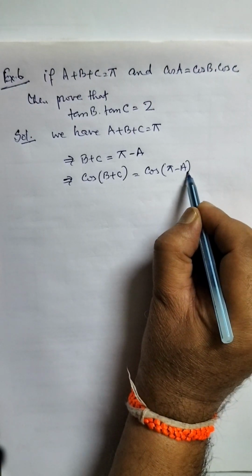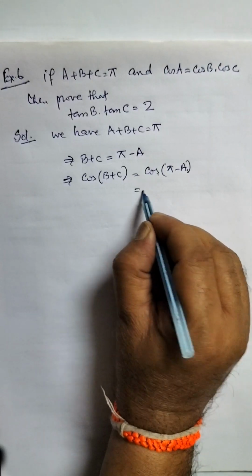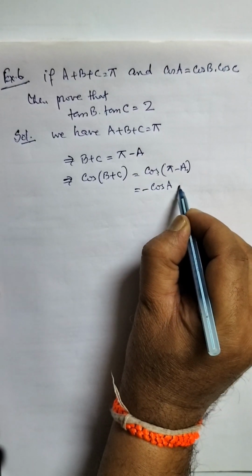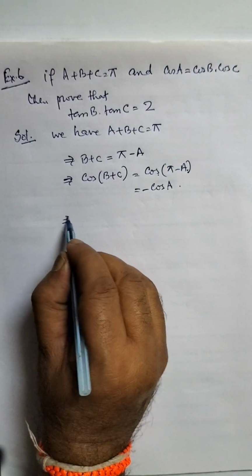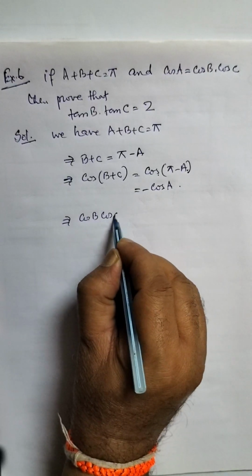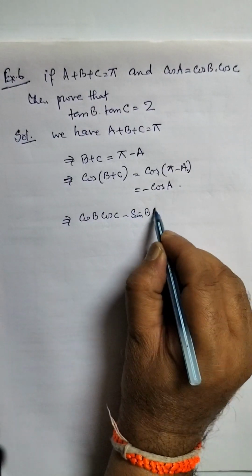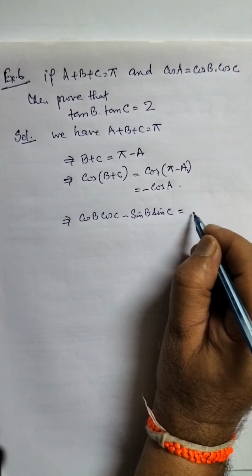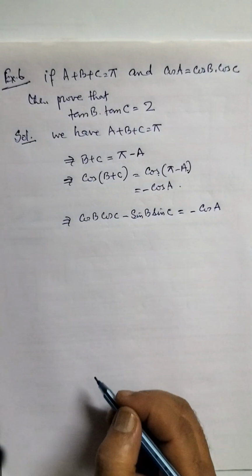Cos of 180 minus a is nothing but minus cos a. Now using the identity, this becomes cos b cos c minus sin b sin c is equal to minus of cos a.